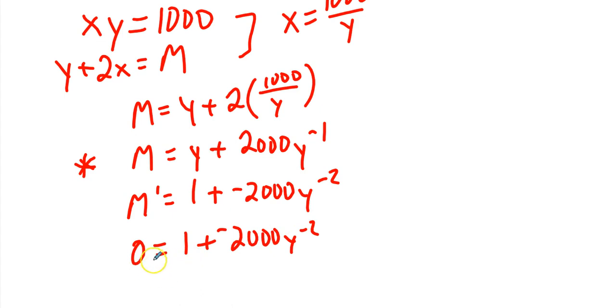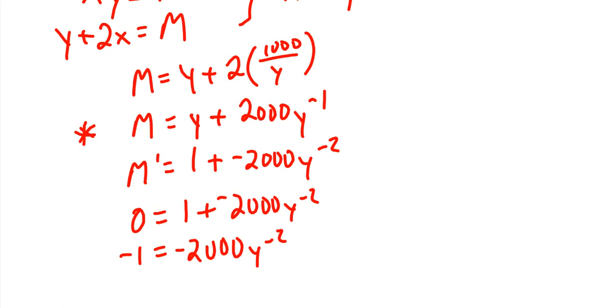So I'll subtract over a 1. And keep going here. So then divide by a negative. So that makes both of those positive. And I can also divide by 2,000.